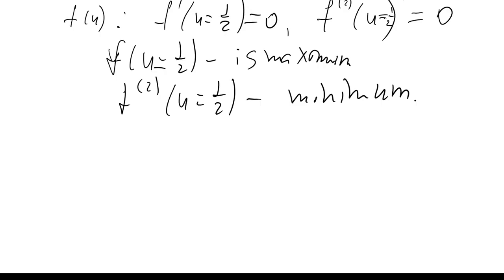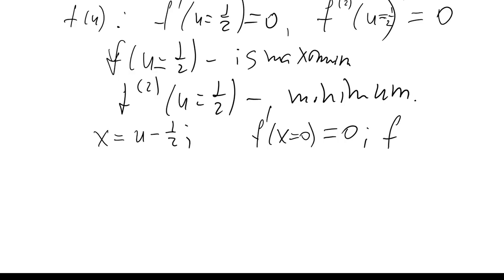Now, to take advantage of this, we introduce a new variable x, which will be equal to u minus half. If we make this substitution, then the derivative of f of x when x is 0 will be 0, and the derivative of the second iterate of x, when again x is 0, is also 0.